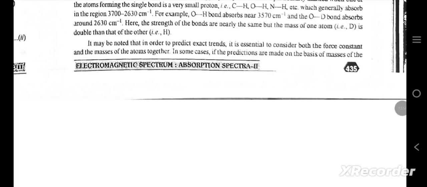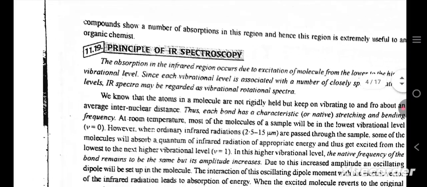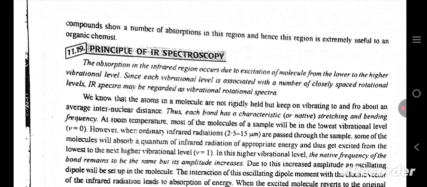It may be noted that in order to predict trends, it is essential to consider both the force constant and the masses of the atoms together. In some cases, if the predictions are made on the basis of masses of atoms alone, we are able to commit mistakes.